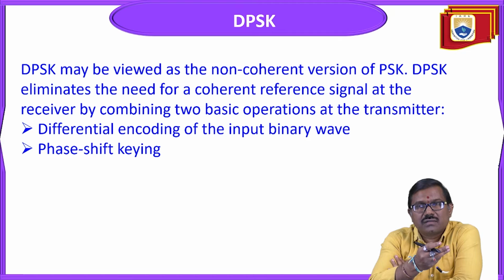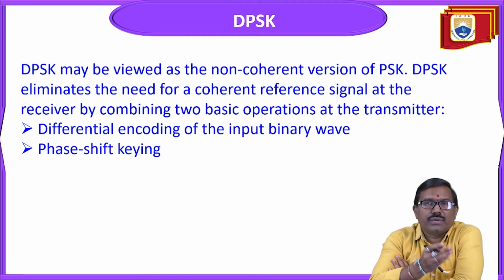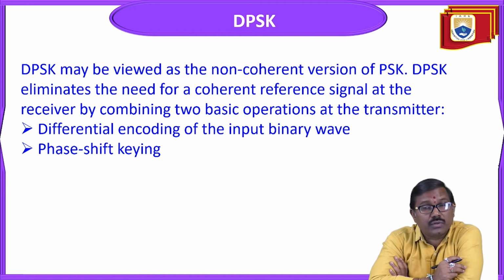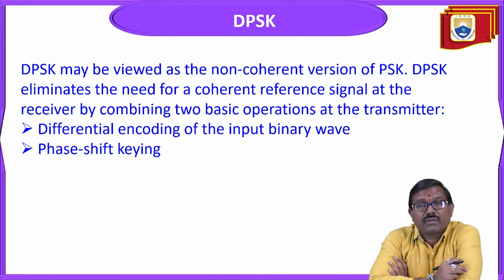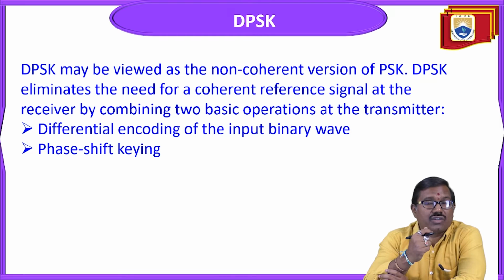Without phase there is no sense in PSK. So that's why DPSK may be viewed as the non-coherent version of PSK. A non-coherent version of FSK is available, but a non-coherent version of PSK is not directly available. But DPSK may be used as the non-coherent version of PSK.